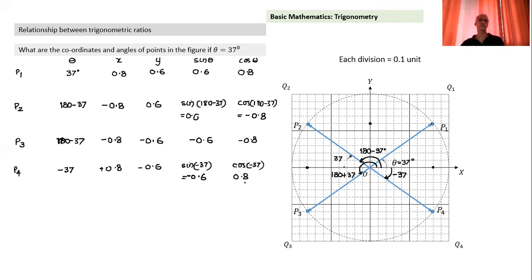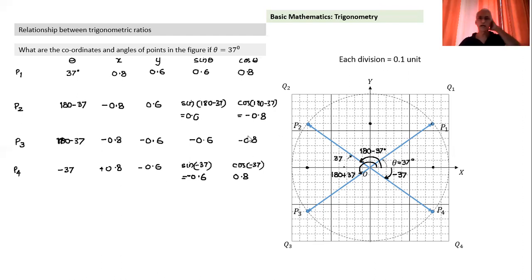So this is just to practice, to get an understanding of angles, how the angles are measured, how the coordinates are measured, and how they are related to each other. We'll repeat the same thing in a more general sense. So far we have done a specific angle. Now we'll do it in terms of angle theta, in variable form, and when we do it in variable form, it becomes a formula.